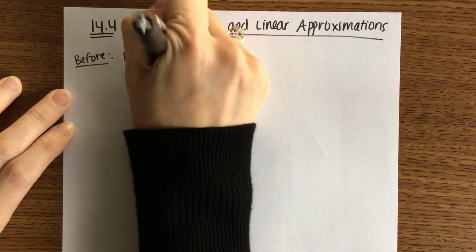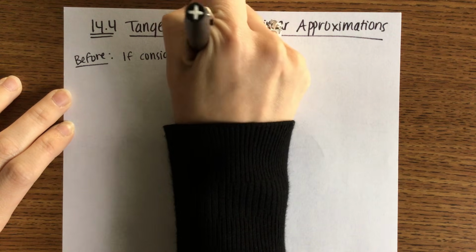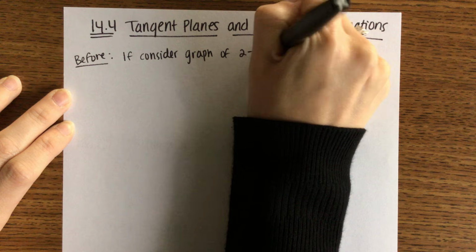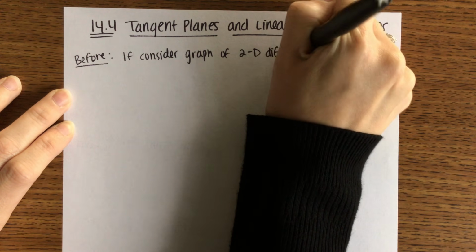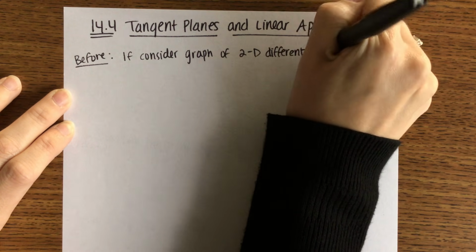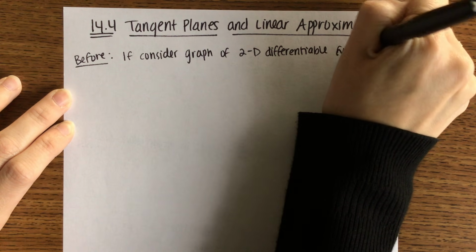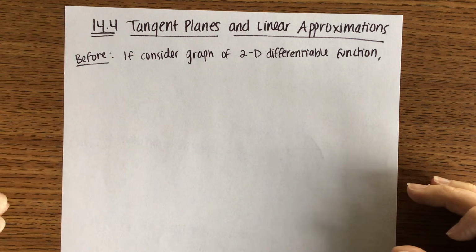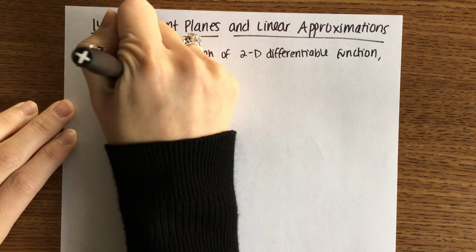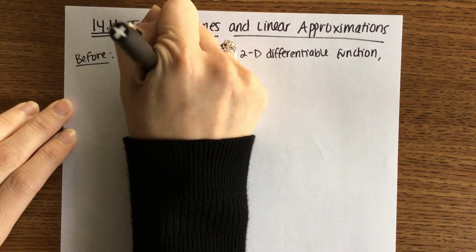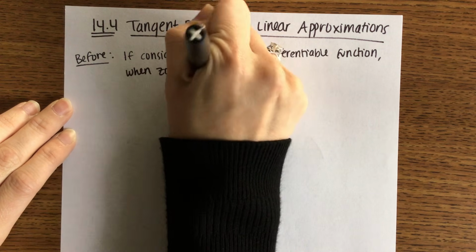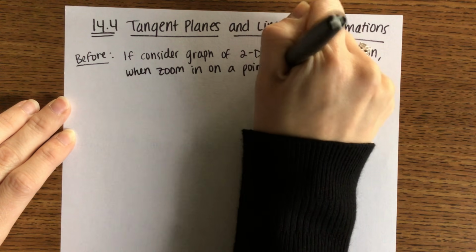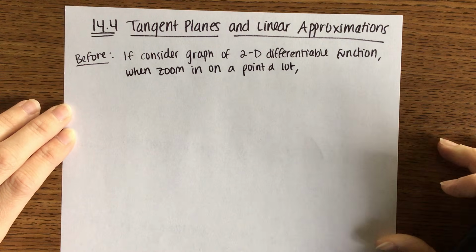If we consider the graph of a two-dimensional differentiable function, if we choose a point and we zoom in on that point a lot, what is the graph going to look like?